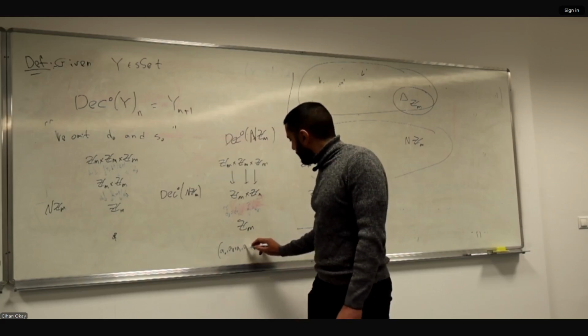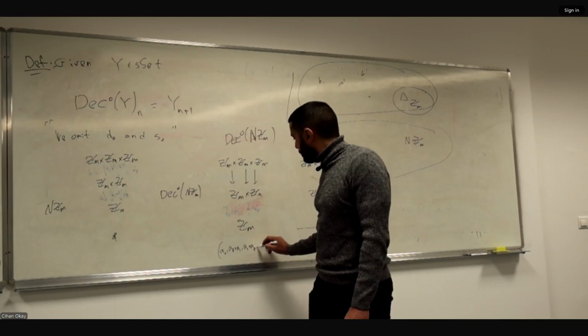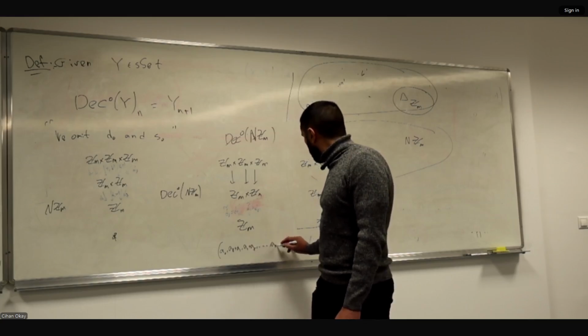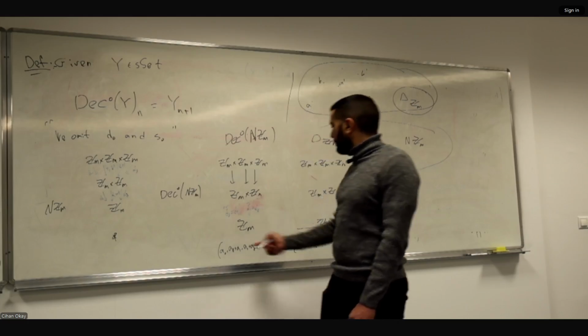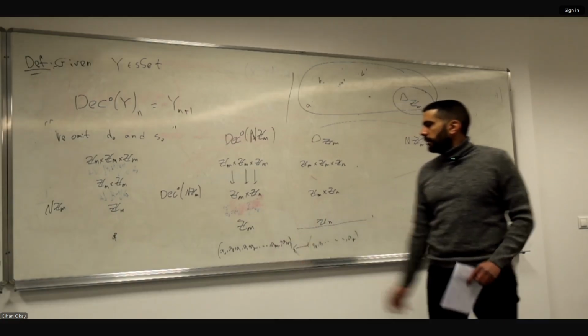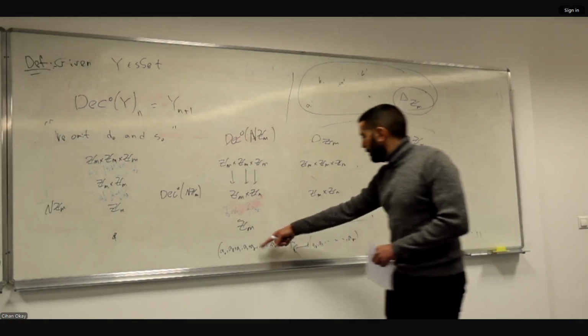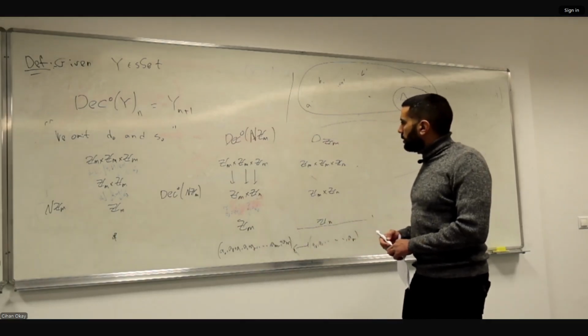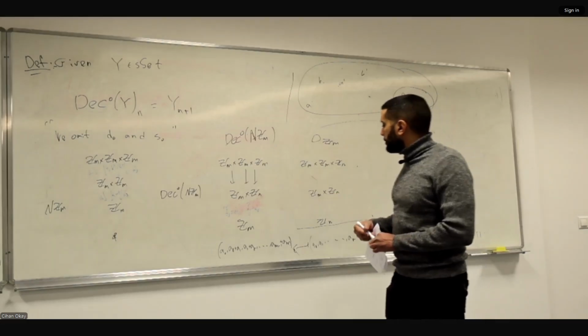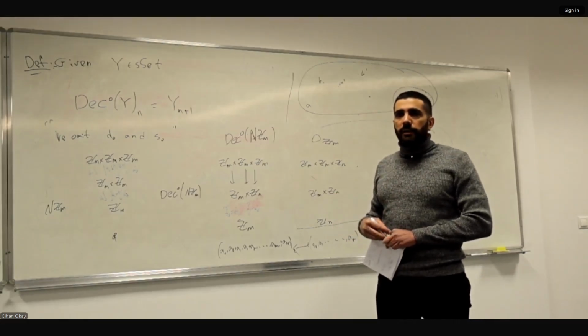Yeah, A1 plus A2 until AM minus 1 plus AM. Yeah, it's going in this direction. And of course, from here to here, one can find the formula. I think it's by summing all of them. Anyway, so this is an isomorphism between these simplicial sets. Okay.